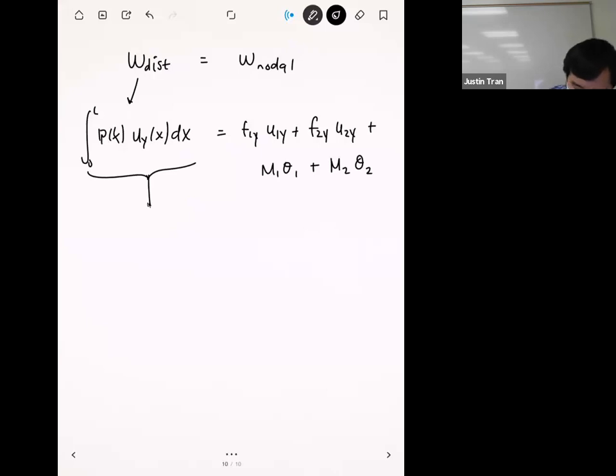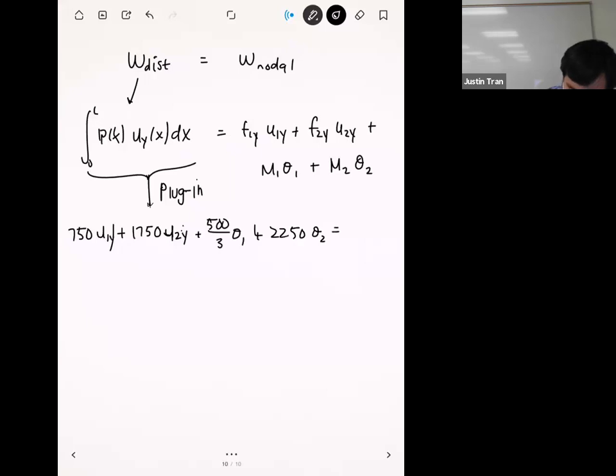Now for the left-hand side of this equation, let's plug in exactly what we got. If we plug in, we get 750 U1y plus 1750 U2y plus 500/3 theta 1 plus 2250 theta 2.